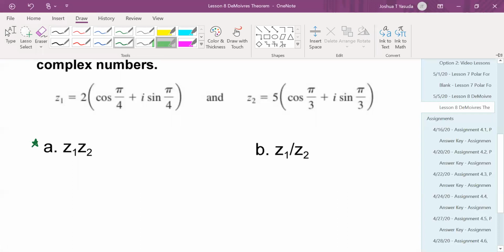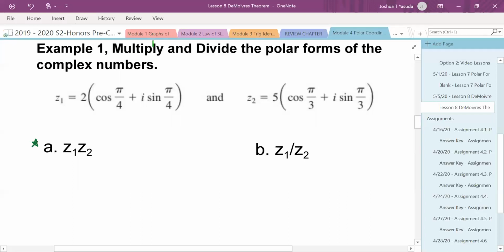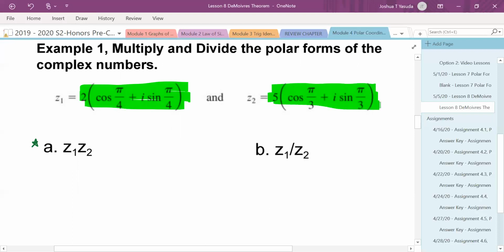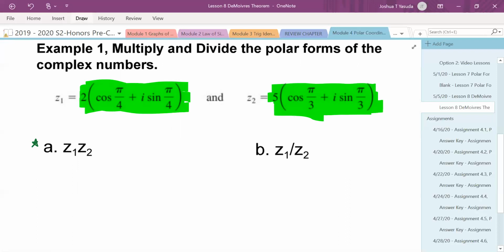You can hit pause and try it out. It's really not that hard. But what would I do if I had to multiply all of this, which would not be the end of the world, let's be honest? People have done it. It's doable. If I had to multiply all of this, in green highlighted, times all the other green stuff, or what if I had to divide them? Okay, so how would you do that?